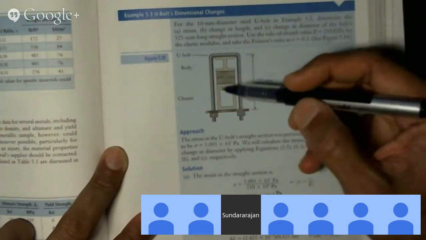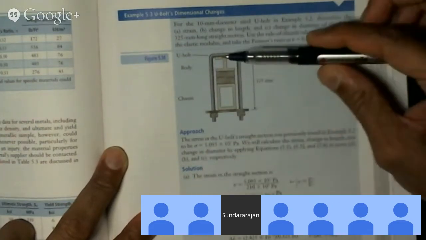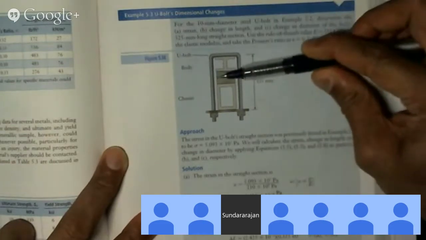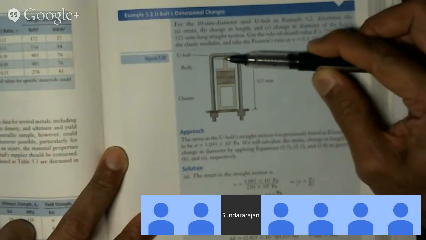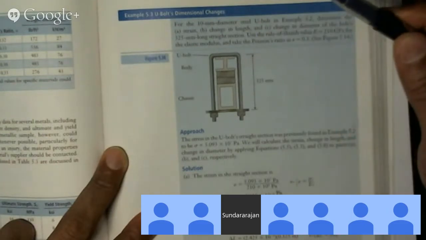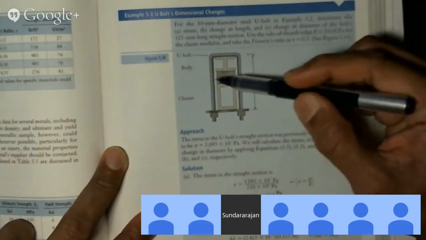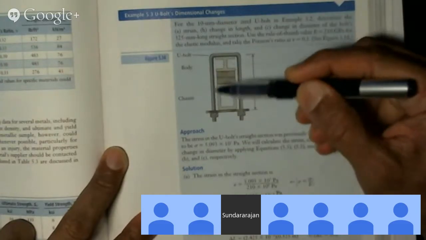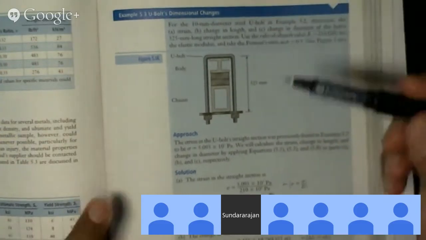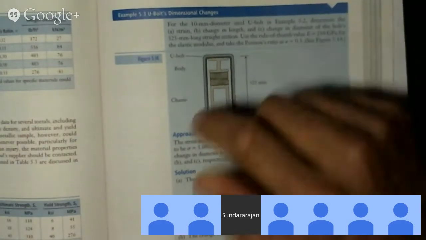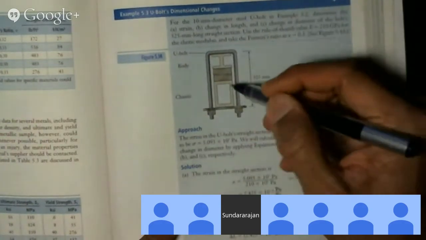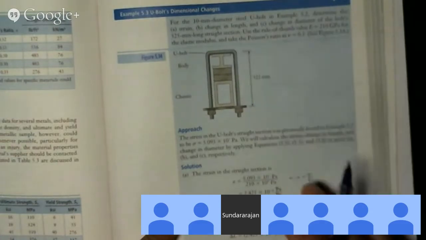So when you tighten this, the bolt will be pushing down upon these blocks. Right. What are the blocks going to do to the bolt? They're going to push back, which means that this is going to be in tension. So the bolt itself will be in tension, but this will be in compression.